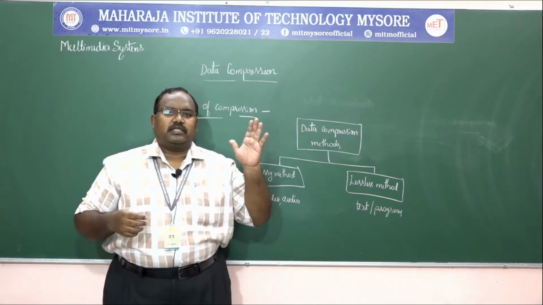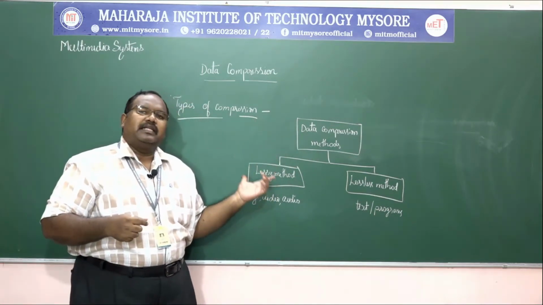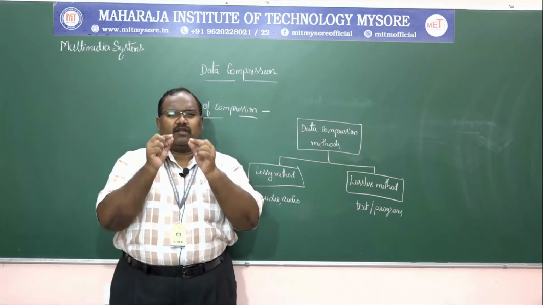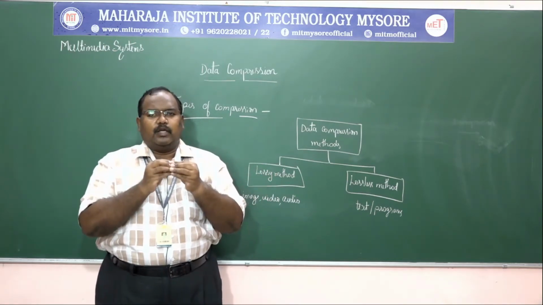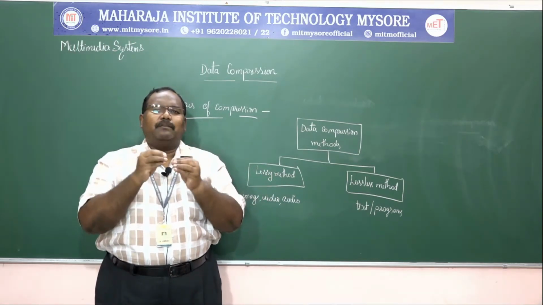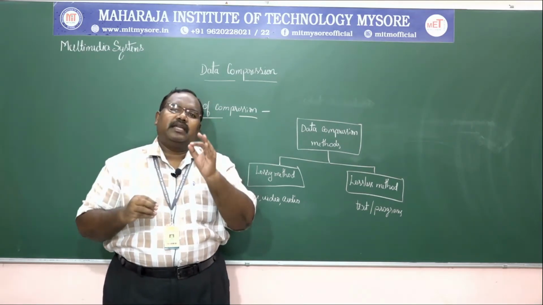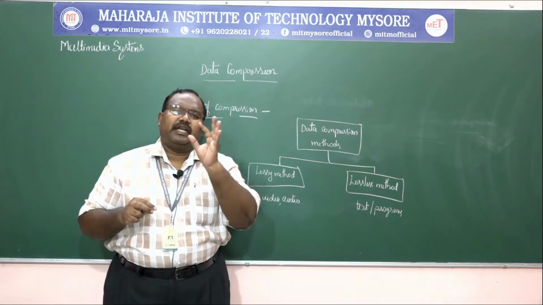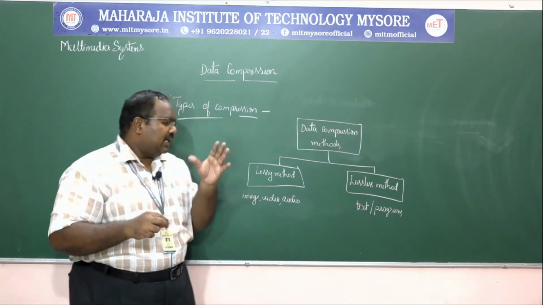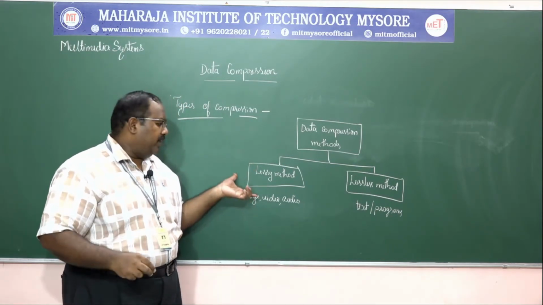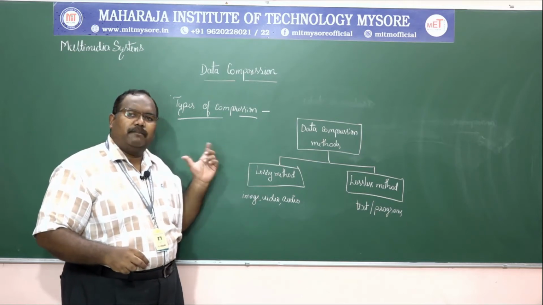During that process in the lossy method, there might be a loss of some amount of data, which can be considered negligible, but even though it is negligible, there is some loss of information. That kind of method is said to be the lossy method of compression.